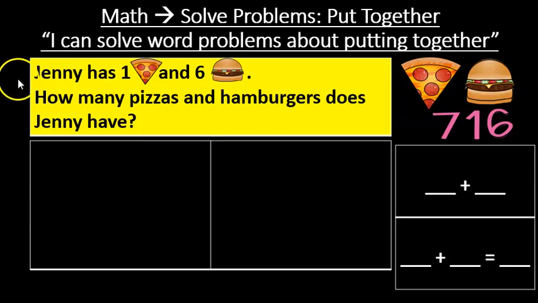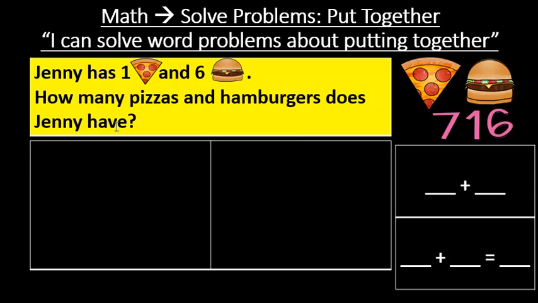Now, let's come here to this first statement. Let's read it together, okay? Read it with me. Jenny has 1 pizza and 6 hamburgers. Okay, let's keep reading. How many pizzas and hamburgers does Jenny have?